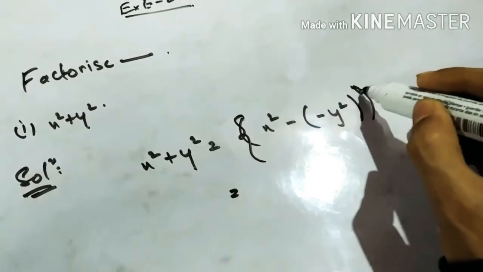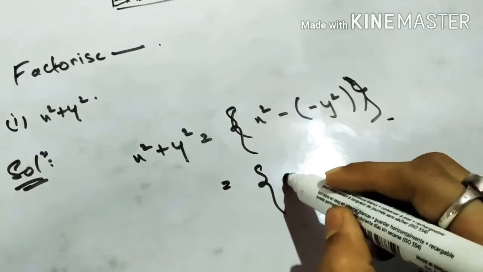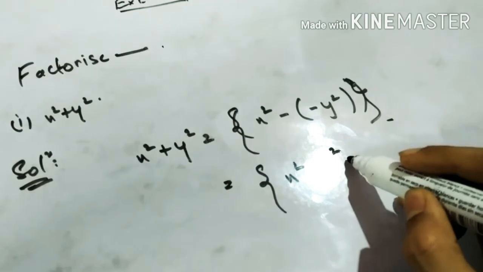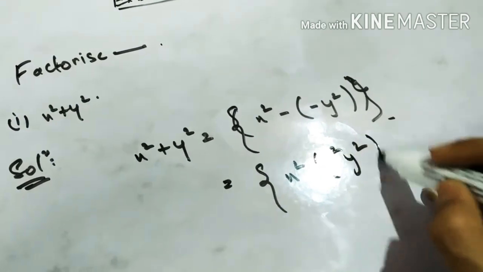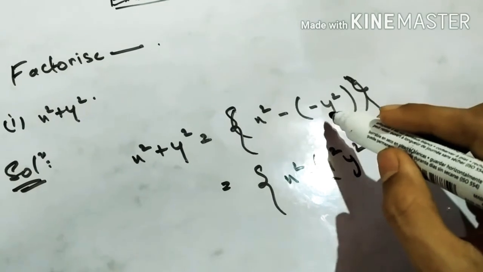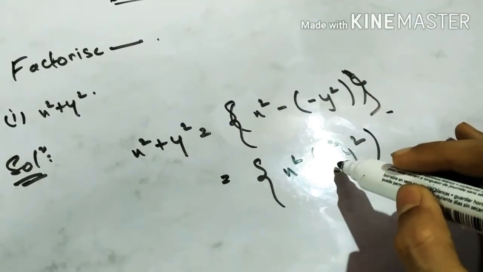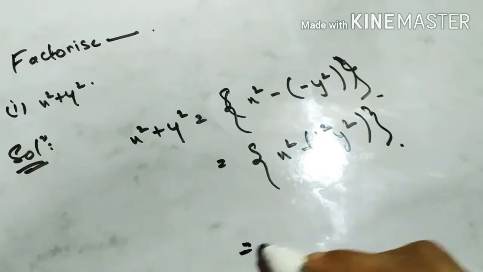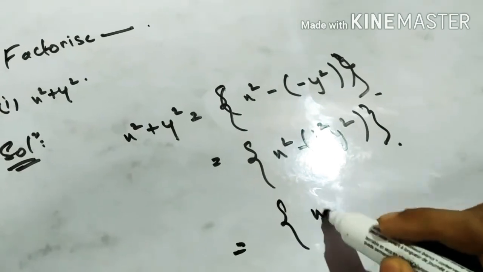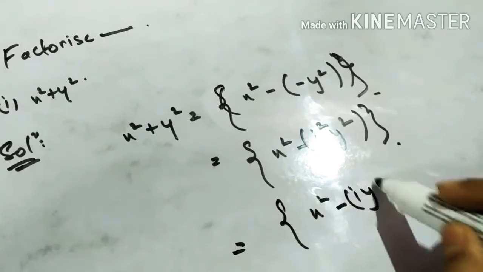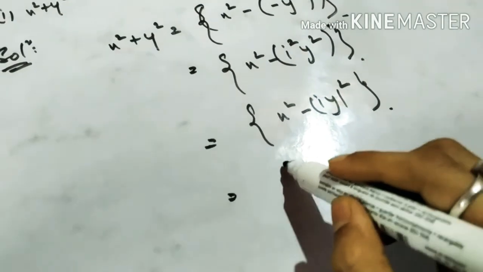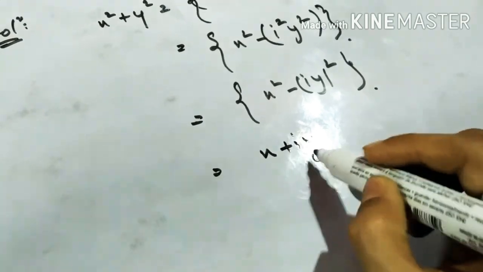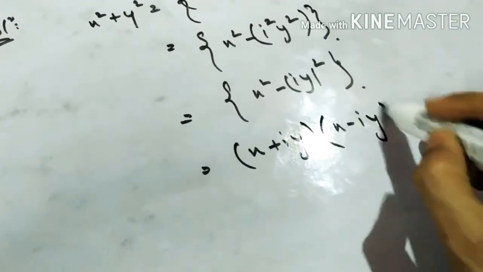So this I can write as x square minus i square y square. This is minus 1, and minus 1 I can write as i square. So this is x square minus (iy) the whole square. So this can be written as (x plus iy)(x minus iy).